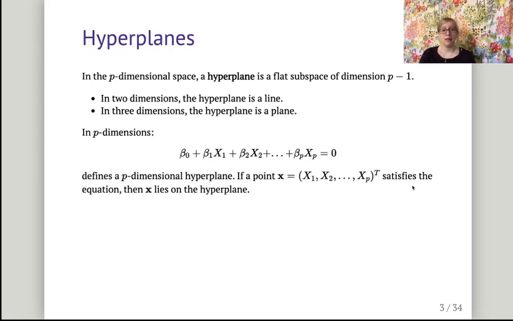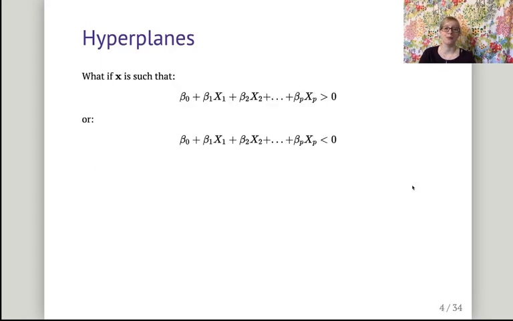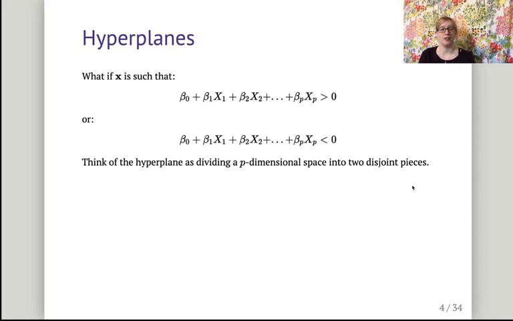Now in p dimensions, the equation beta 0 plus beta 1 x1 plus beta 2 x2 plus all the way to beta p xp equals 0 defines the p-dimensional hyperplane. If there is a point x that satisfies that equation, then x lies on the plane. Now, let's say that x is either above the hyperplane, greater than 0, or below the hyperplane, less than 0.